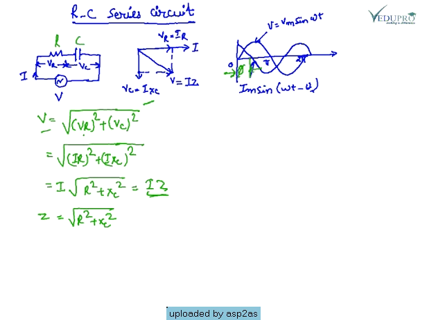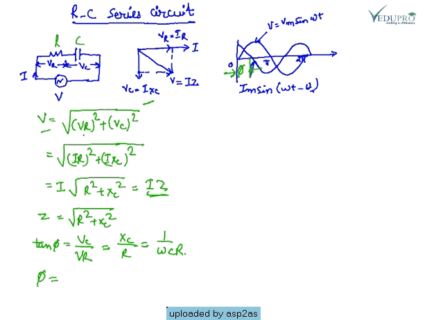To find the phase difference phi, we use tan phi equal to VC upon VR, which is equal to XC upon R, which is equal to 1 upon omega CR.